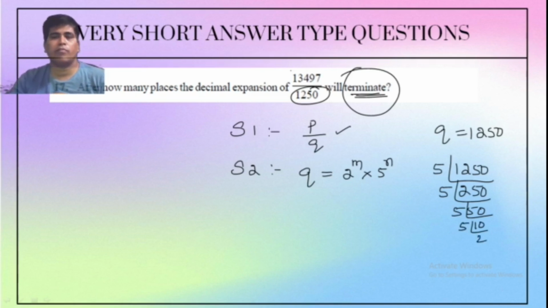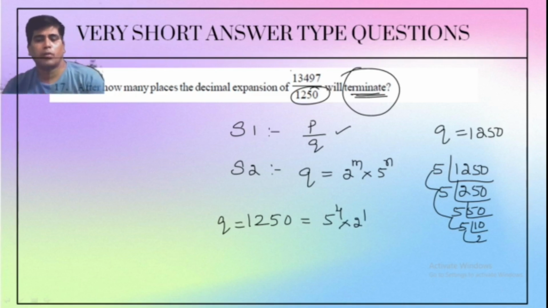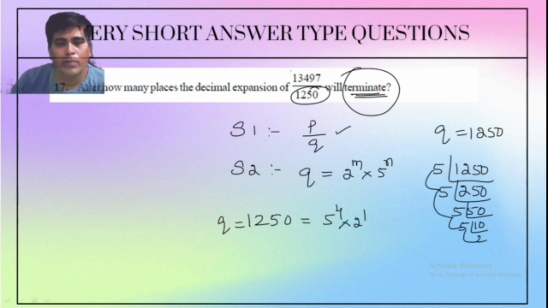So this 1250, which is Q, I can express as 5 power 4 into 2 to the power of 1. So the denominator we express as 2 to the power of m into 5 to the power of n.